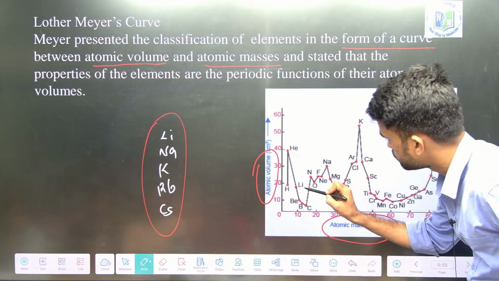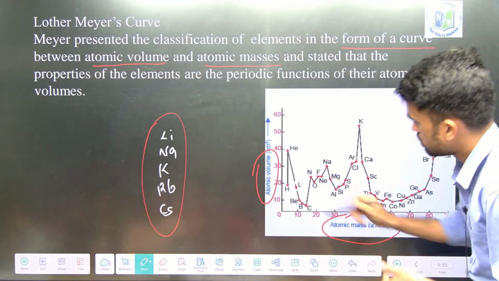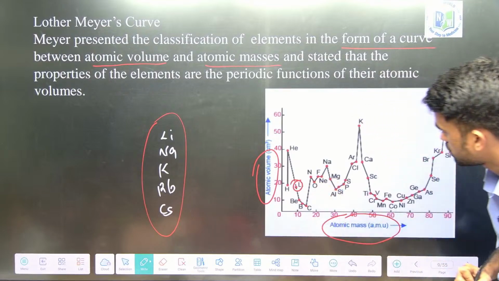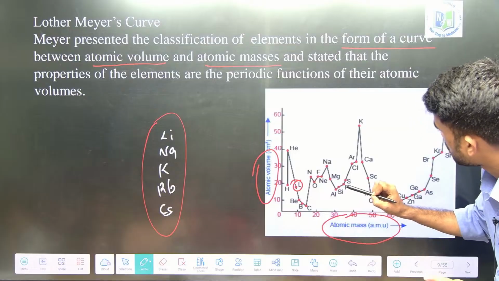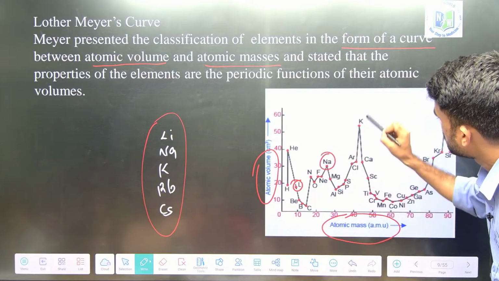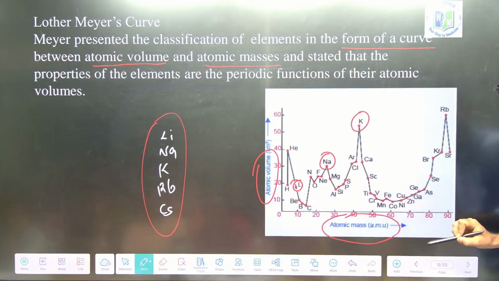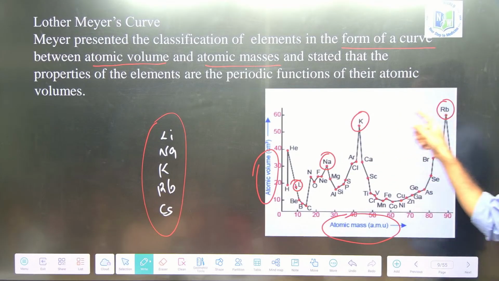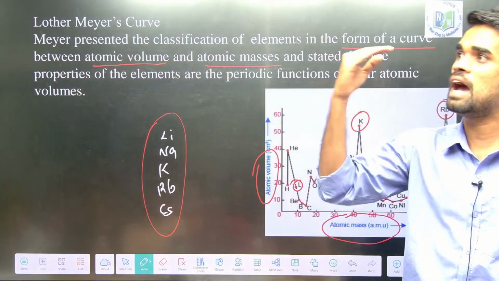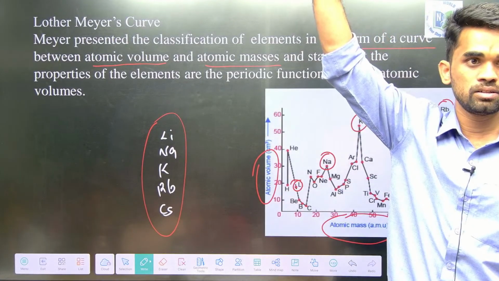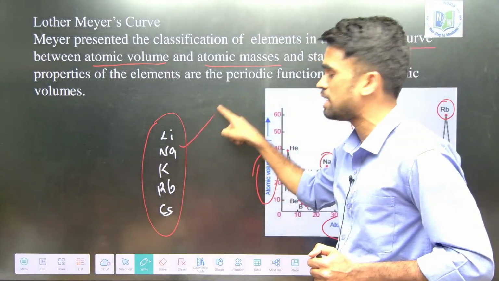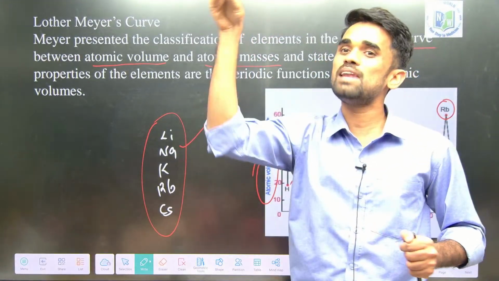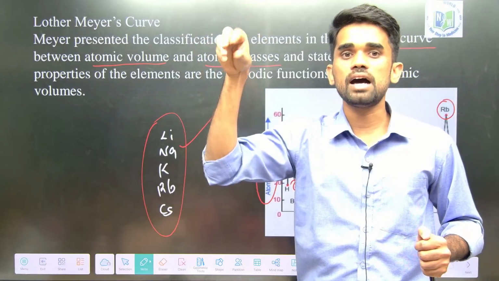Here lithium, here sodium, next potassium here, next rubidium here. Sodium, potassium, rubidium are all alkali metals, and they are at the peaks of the graph. So elements having similar properties occupy almost the same position on the peaks of the curve.